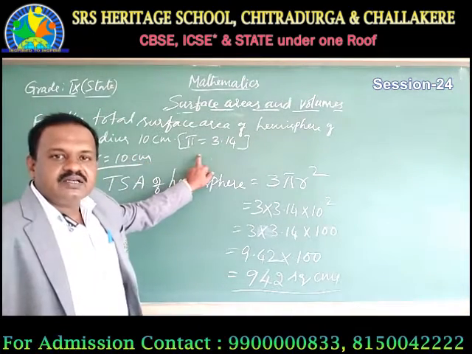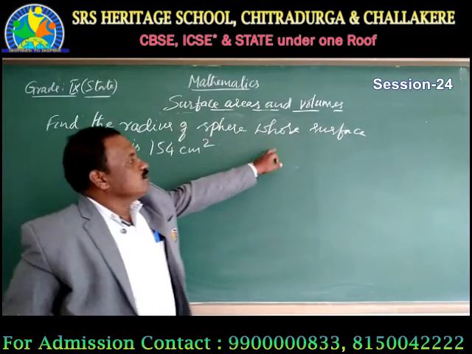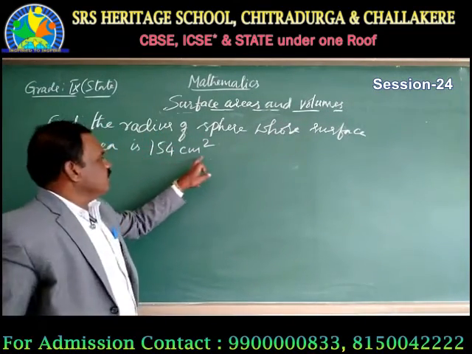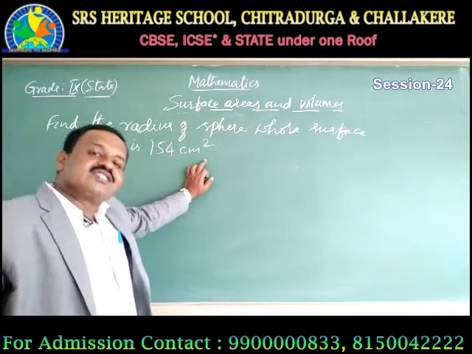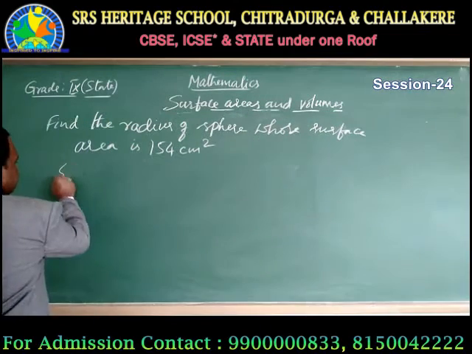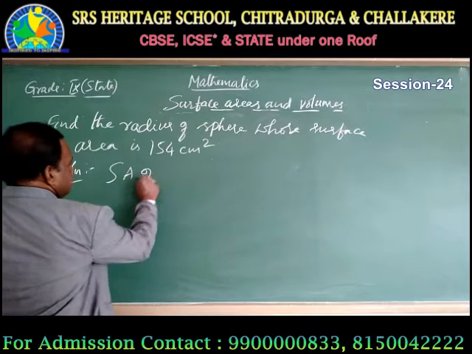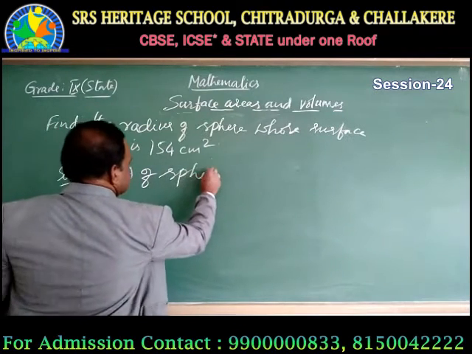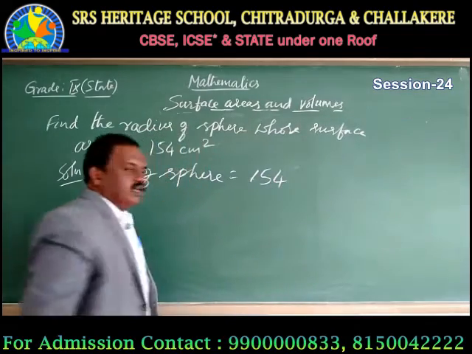Okay. Find the radius of the sphere whose surface area is 154 centimeter square. Centimeter square can also be written as square centimeter. Both are the same. So here the surface area of the sphere is given, that is 154.